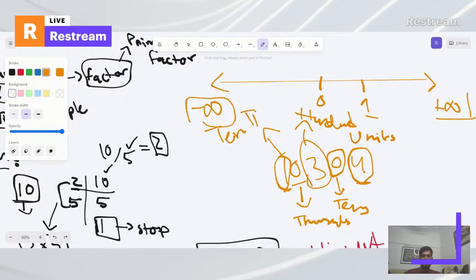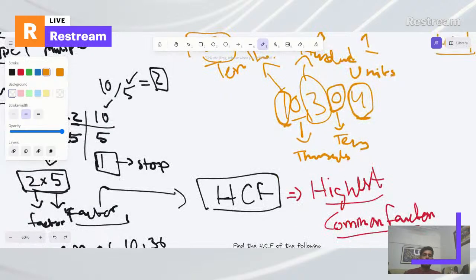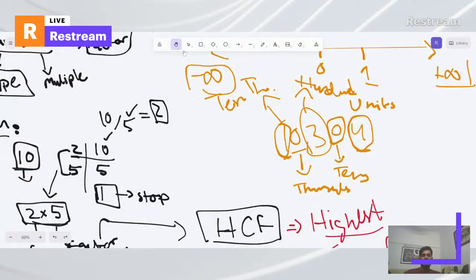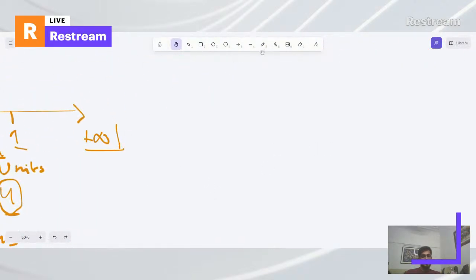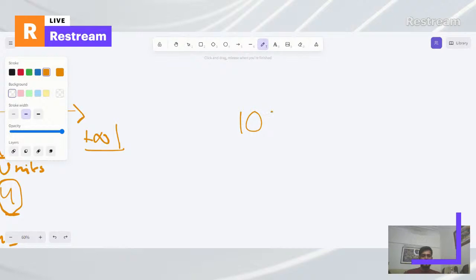Now, let's imagine me writing a number which is exactly this: 10304, I think, but 0.234. Right, so what is it that I'm talking about? This place is called tenth.